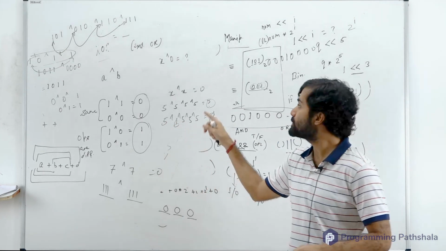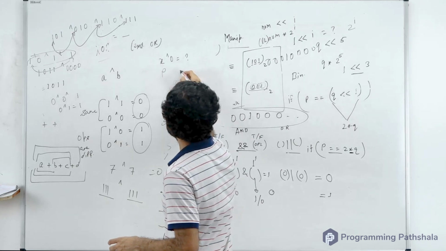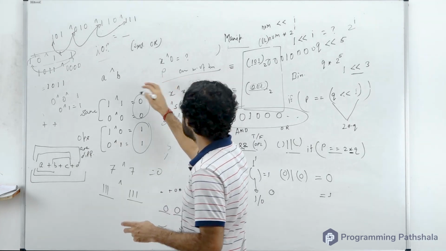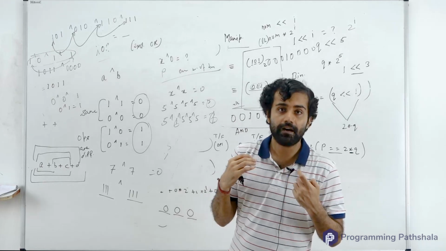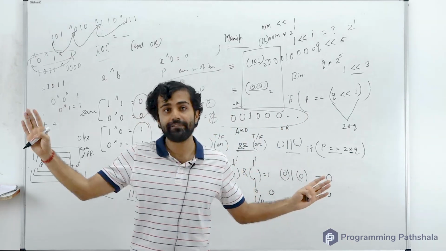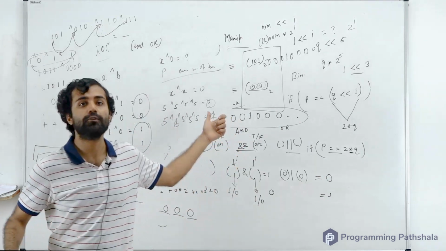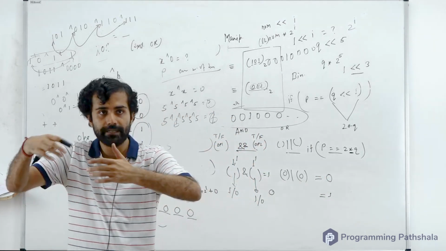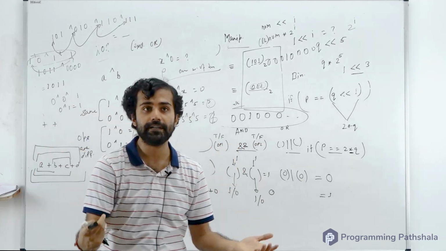So if there is a number p which comes an even number of times in an array, and you take the XOR of the entire array, what will be the contribution of p? It will be 0, because p XOR p an even number of times results in 0.